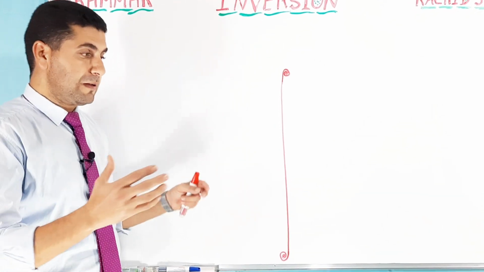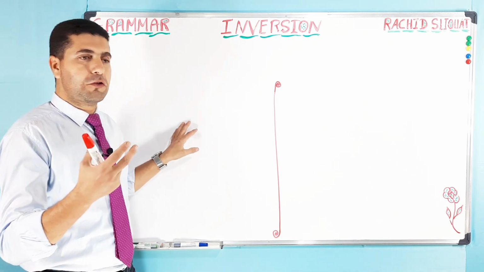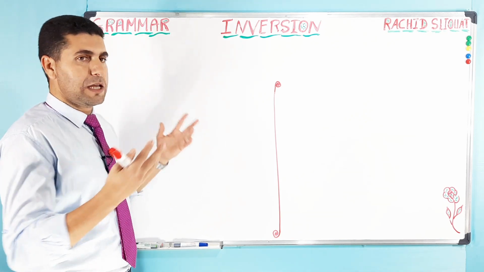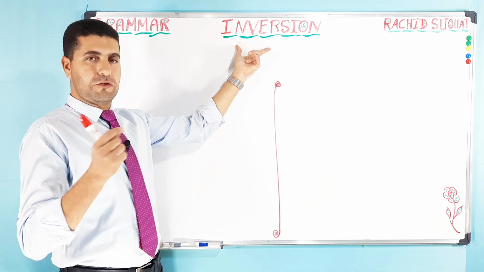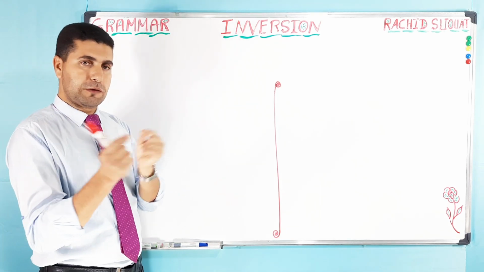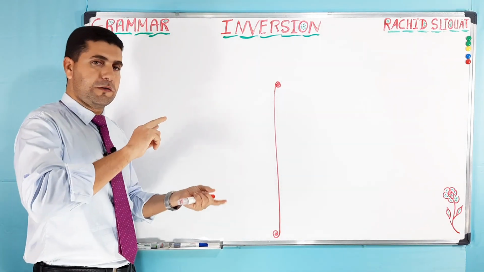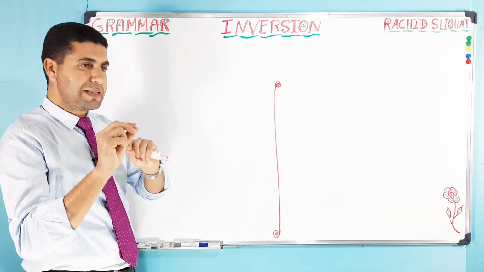Before we start talking about cases of inversion, let's try to see what we mean by inversion. Inversion comes from the verb to inverse, okay? Generally speaking, we inverse the subject and the verb.